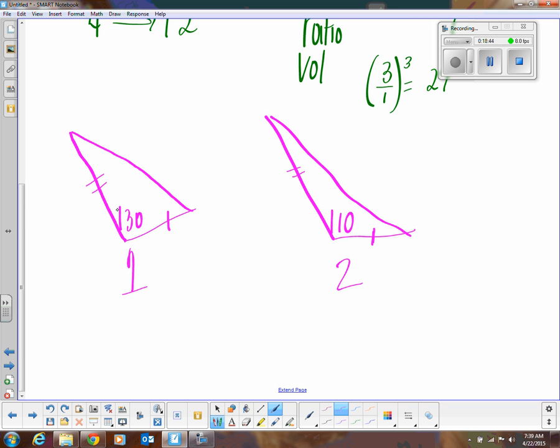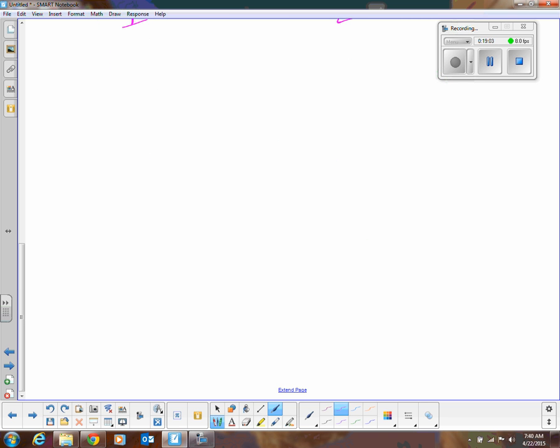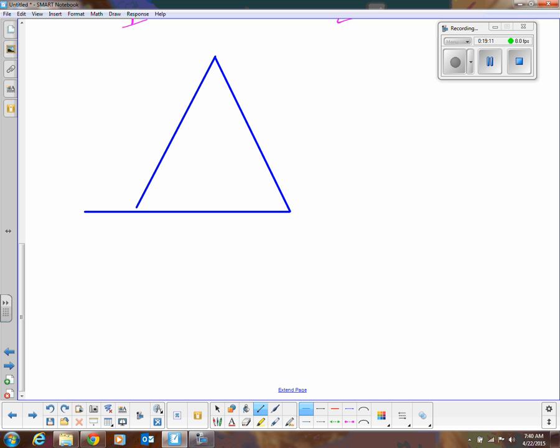Next. Caitlin? What is the value of x? Caitlin, I know you know how to do this. You're not getting the answer? Okay. So if this is 105 and this is 72, we need to find x.